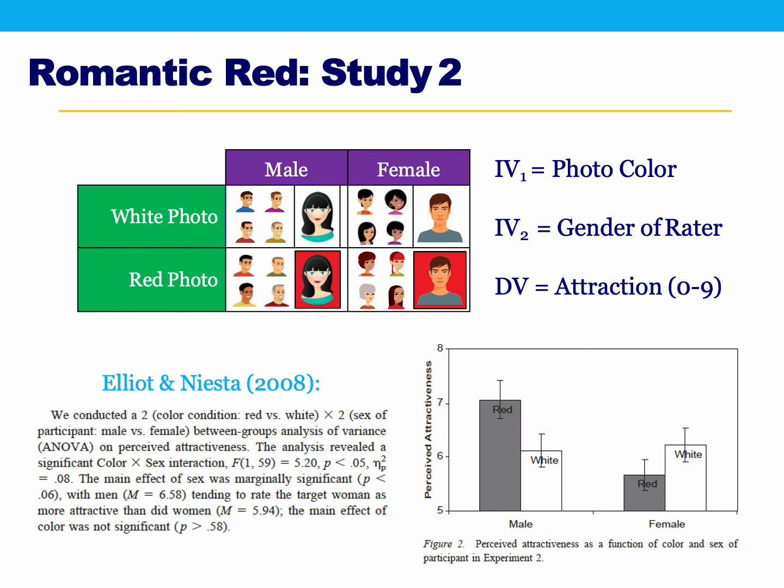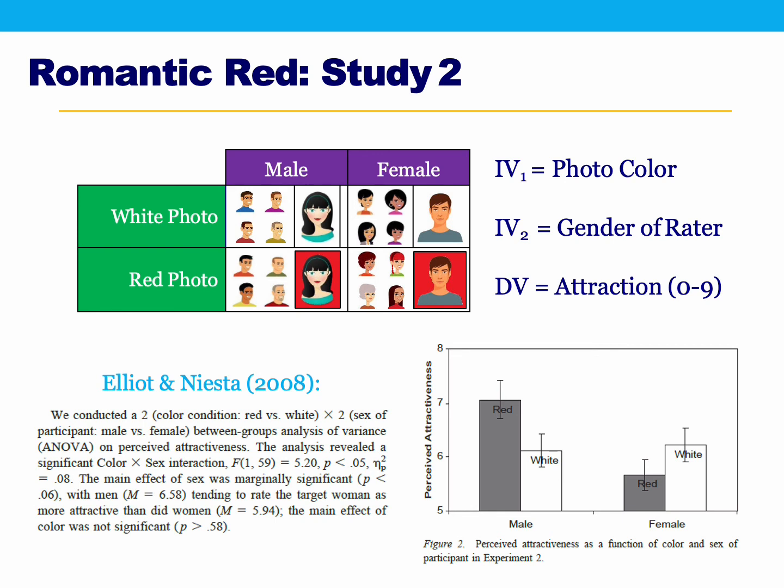And what we see if we look at each of those levels of sex separately, the effect of the photo changes. Okay? So if we look at the bar graph, for men, the mean attractiveness rating is a lot higher for the red photo than the white photo, right?